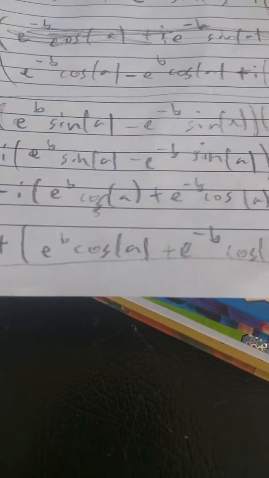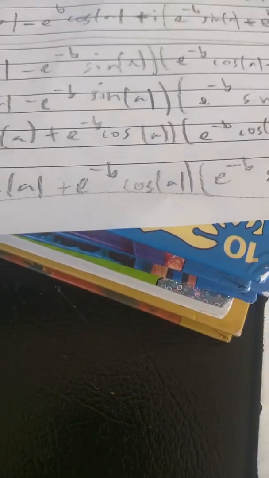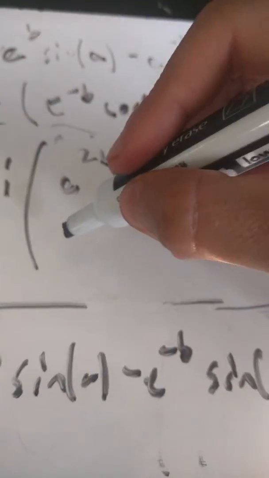And then we have minus e to the b cosine A plus e to the negative b cosine A, and we have the same thing: e to the negative b cosine A plus e to the b cosine A. You can rearrange that, multiplied by e to the negative b cosine A minus e to the b cosine A. Yeah.